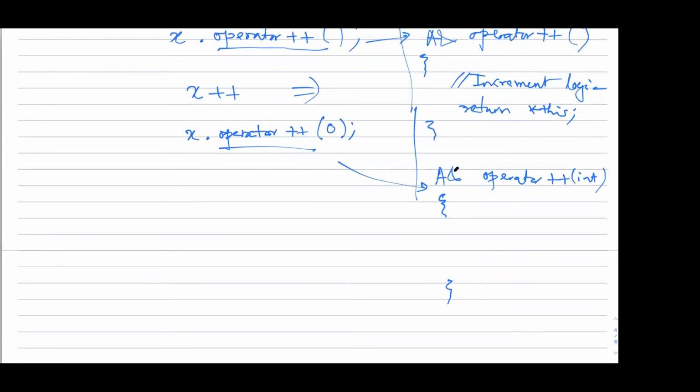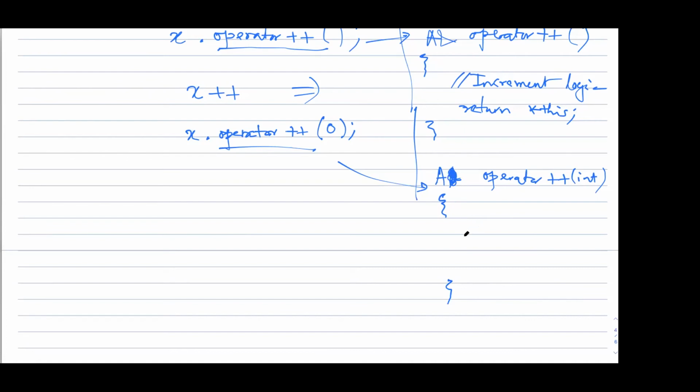There is one difference here, which is that we don't want the postfix operator to be chained, and therefore this does not have an ampersand in the return value.